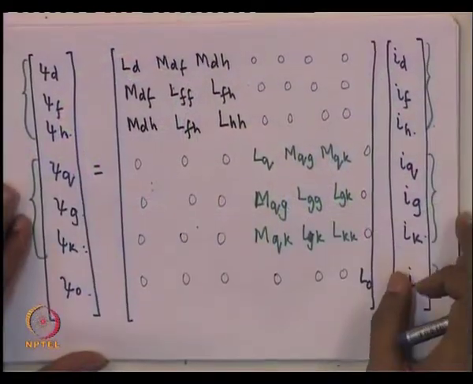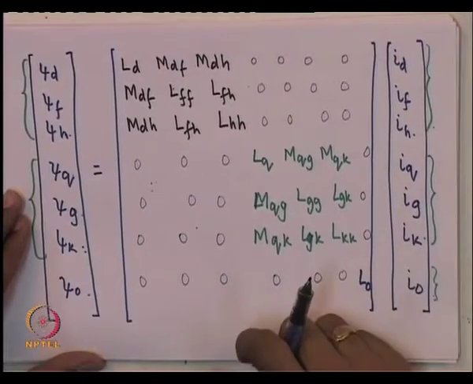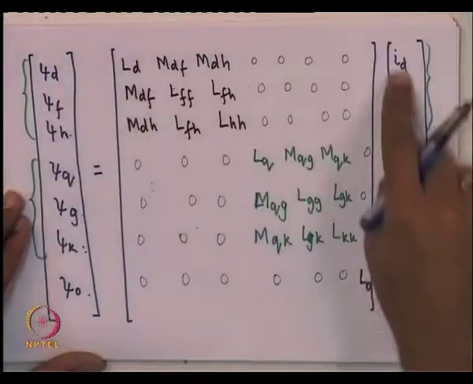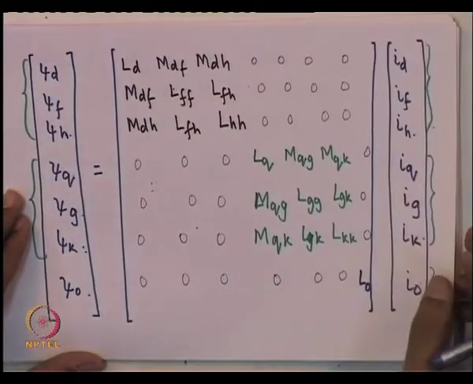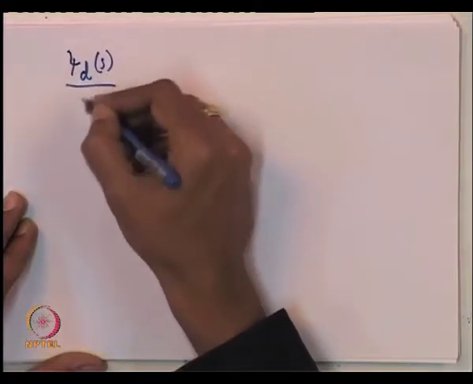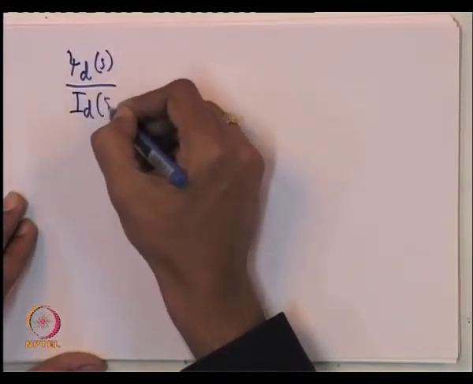Moreover, as I mentioned some time back, the currents which appear in these differential equations are related to the fluxes by this relationship. Okay. So, this is the relationship you have got for the fluxes. So, if for example, I wanted to find out the transfer function between psi d and this, what would I do?